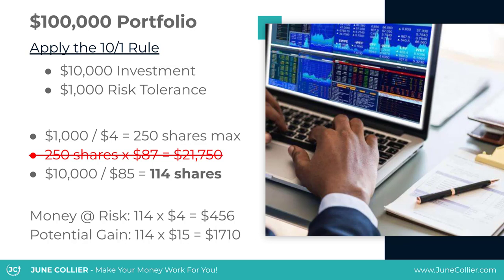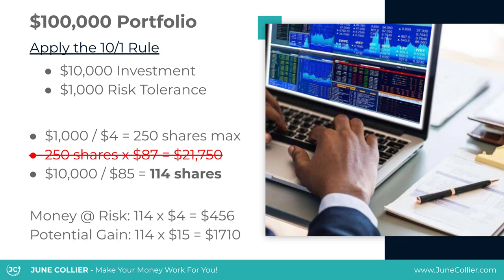Being that we can only risk a total of $1,000, we can determine the number of shares that we can buy. If we have a $4 risk, we divide $1,000 by $4, which gives us a maximum of 250 shares that we can purchase. However, there's a problem.